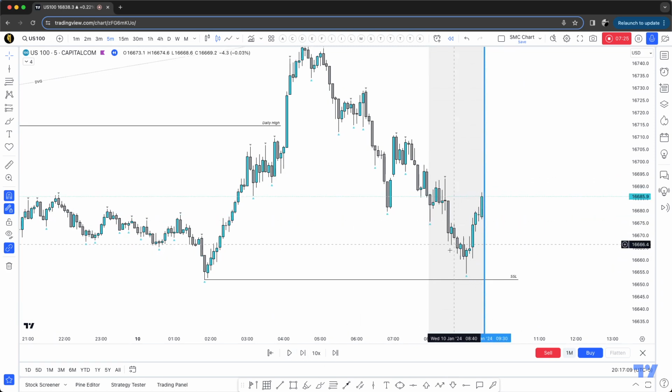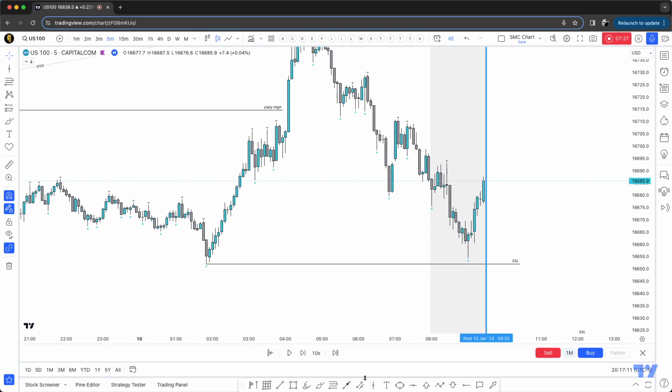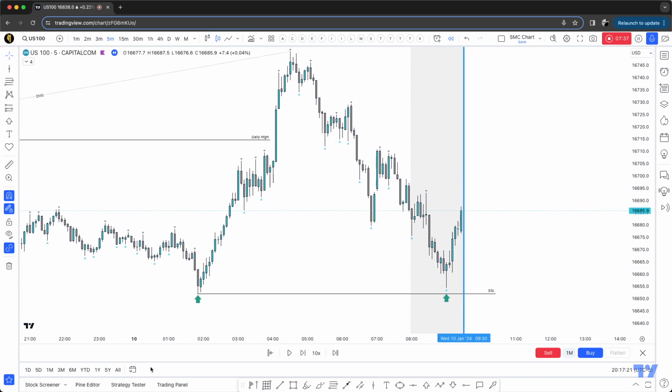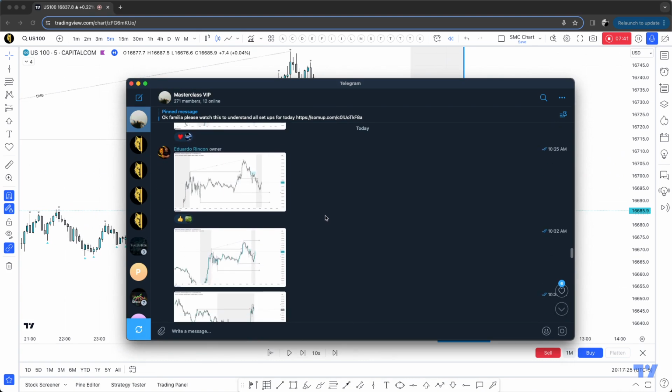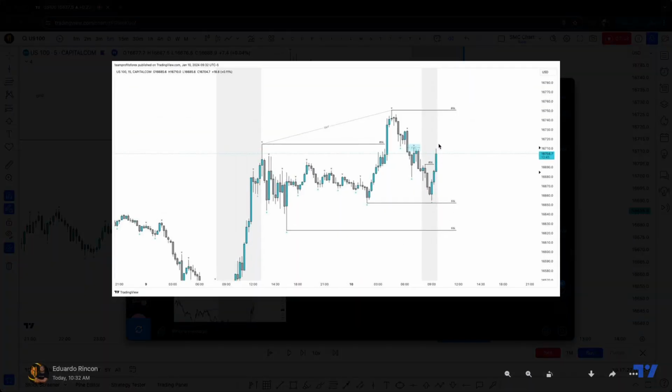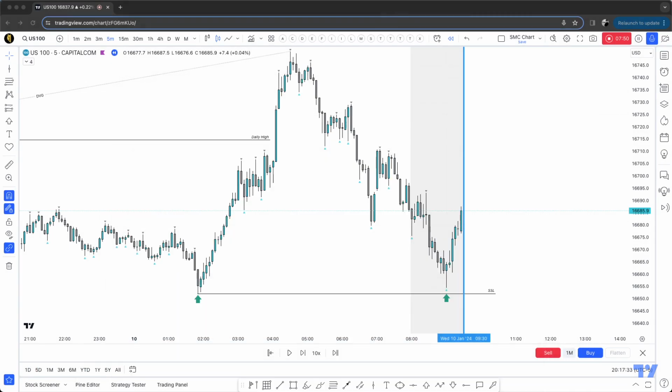Price is starting to reject this area, leaving this nice double bottom. When price starts leaving me this double bottom right here, oh, I am seeing gold. You see, price pushes up and we're leaving these equal lows right there. So I'm starting to be more bearish after I see that.